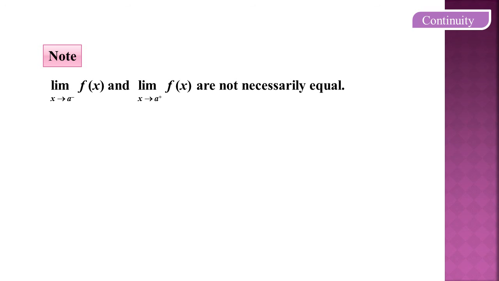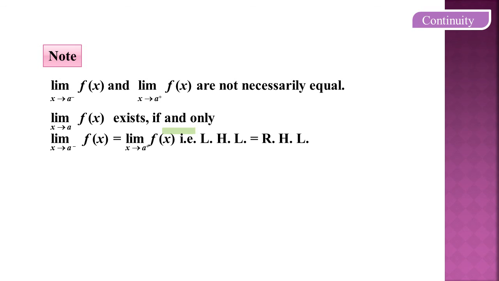Even if they are not equal, it doesn't make any difference. Then what happens if both left hand limit and right hand limit are equal? If left hand limit and right hand limit are equal, then we say that the limit of a function exists. So please note down this: limit as x tends to a of f of x exists if and only if left hand limit equals right hand limit.